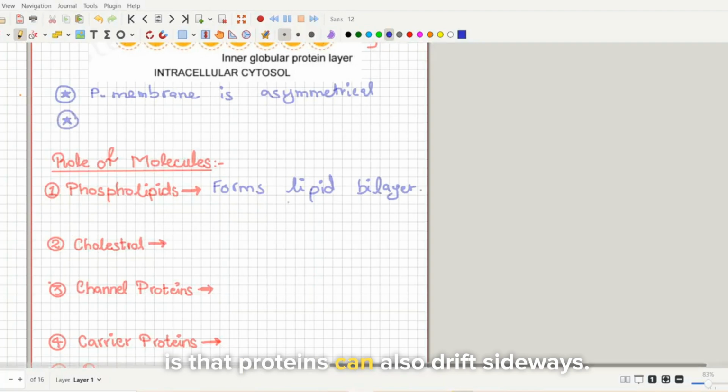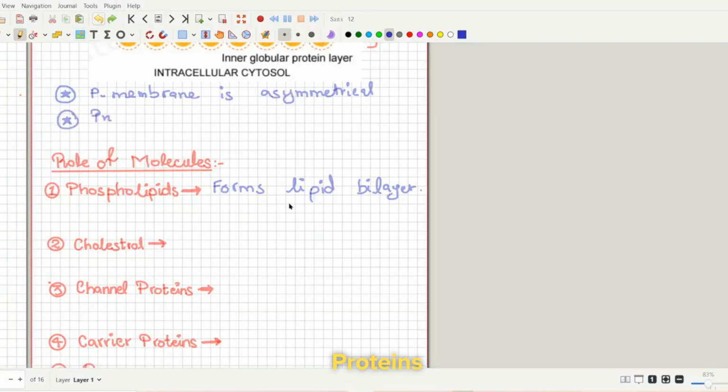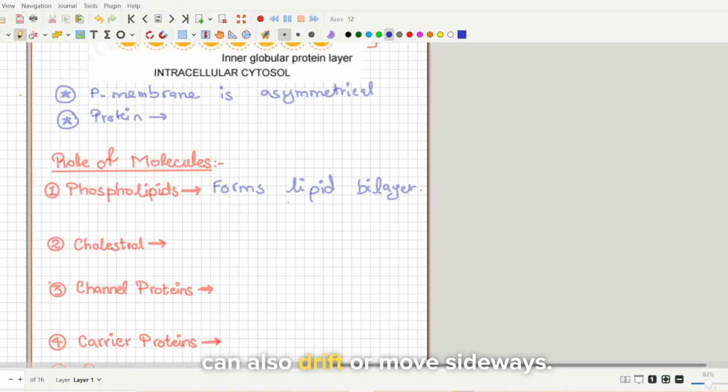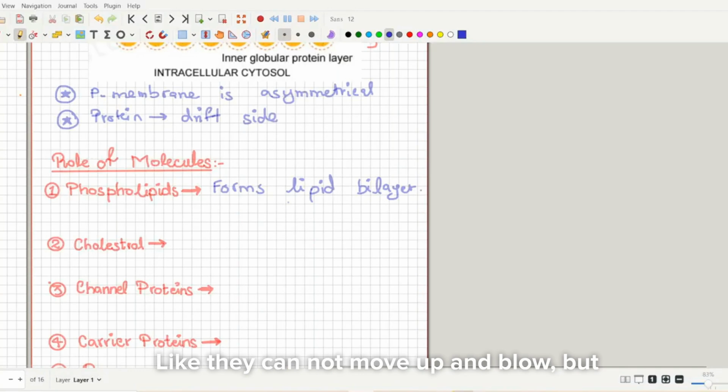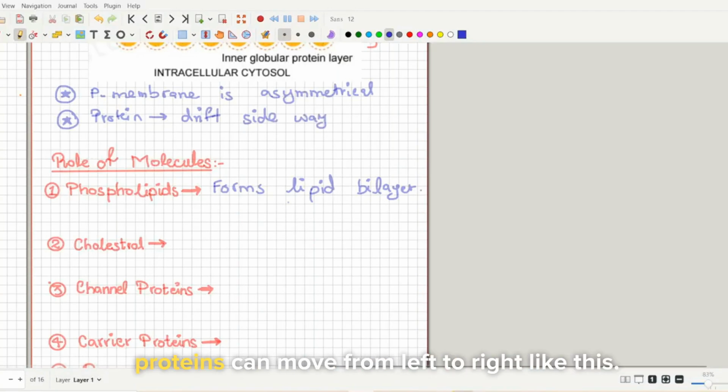Proteins can also drift or move sideways. They cannot move up and down, but proteins can move from left to right like this.